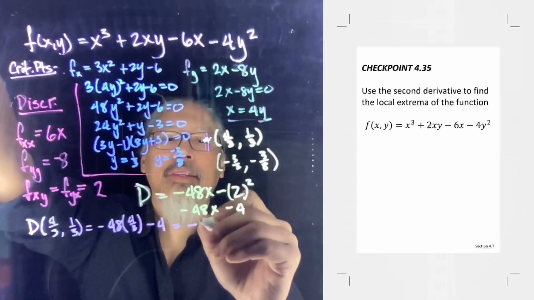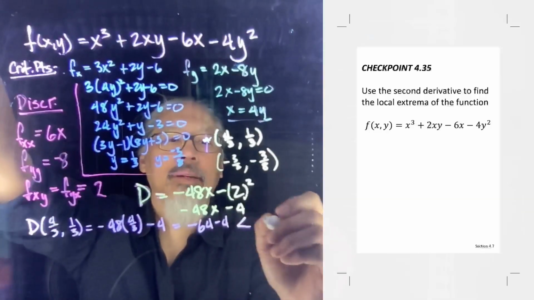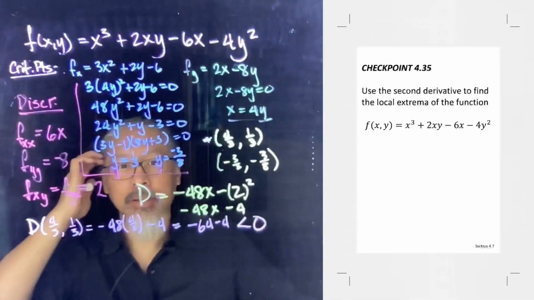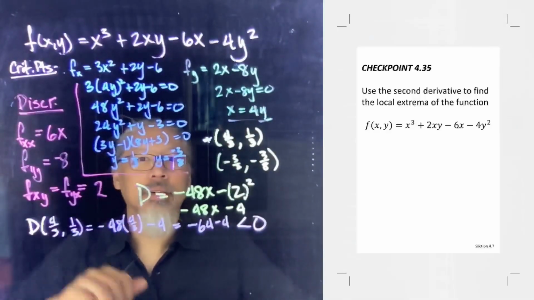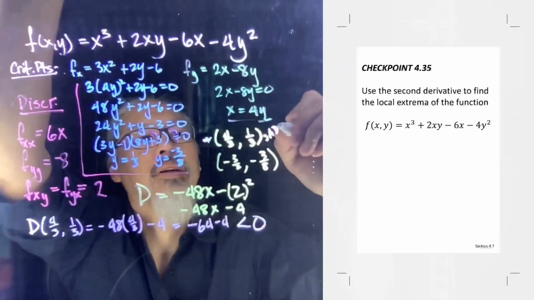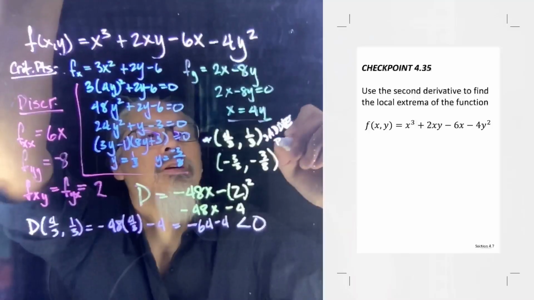Well, in any case, this is negative 64 minus 4. Well, negative 68, but the whole point is that this is less than 0. This is a negative number, and so we can conclude that this is a saddle point.